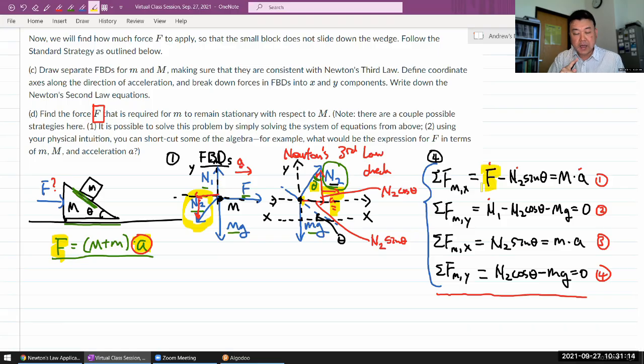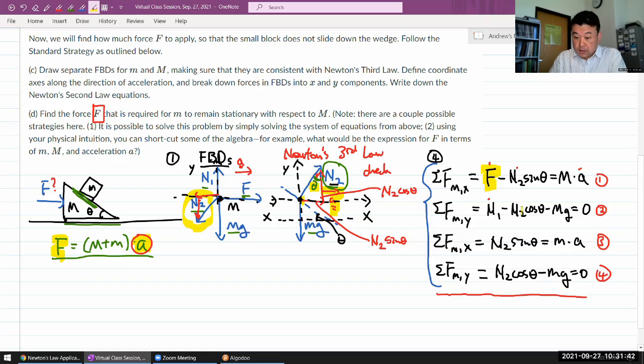Because at each of the intermediate solution steps, what you're going to see me do is solve for an unknown, and use the solved expression to eliminate the unknown from all my other equations. So that's why I want to solve for force at the very end, not at the beginning or intermediate. It's kind of counterintuitive, because the quantity you want is what you hold off solving until the very end.